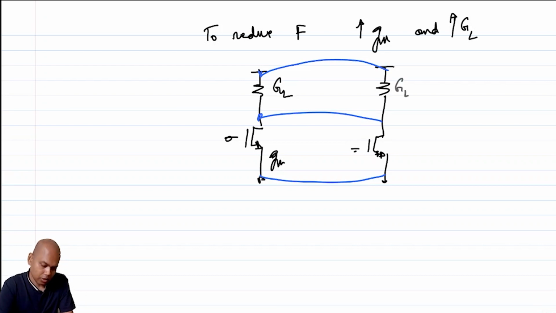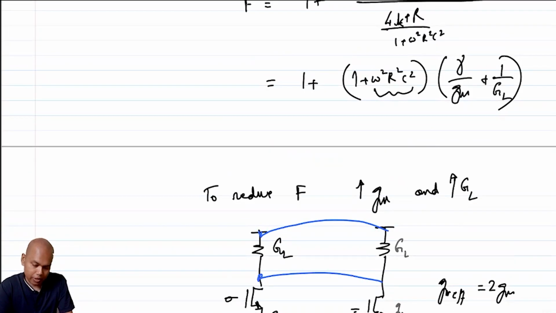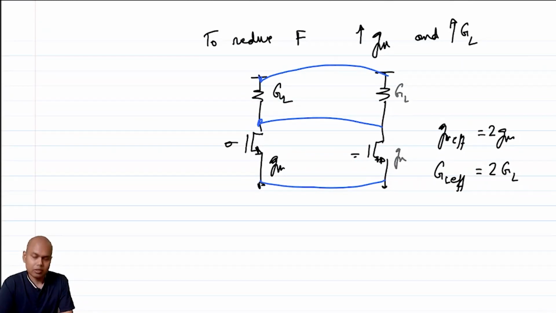So this is GL, this is GM. So what is the effective GM? So GM effective is equal to 2 GM and GL effective becomes 2 GL. That clearly reduces the noise factor without changing the transfer function, right? Without changing biasing or anything, right?